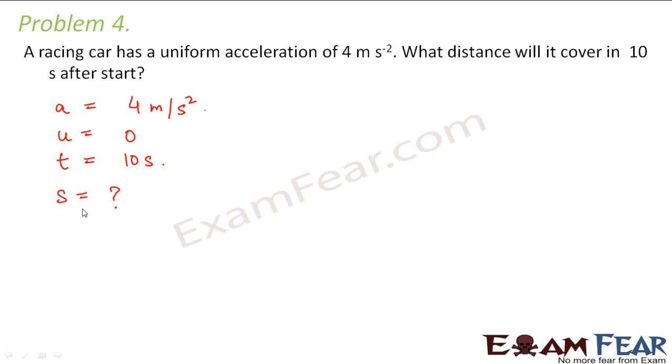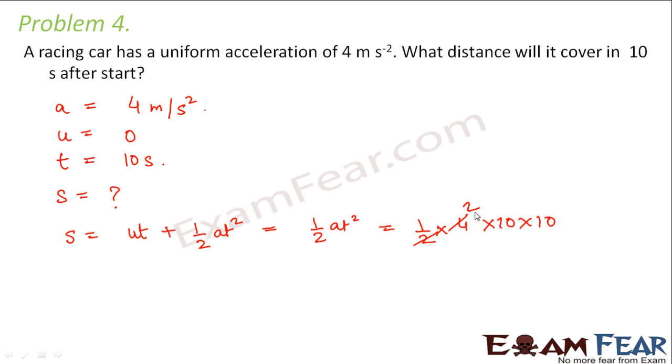Which would be the appropriate equation? The second equation, because it connects u, a, t and s. So s is equal to ut plus half at square. Now u is equal to 0, so it becomes half at square, that is equal to half into a into t square. So this comes out to be 200 meters.